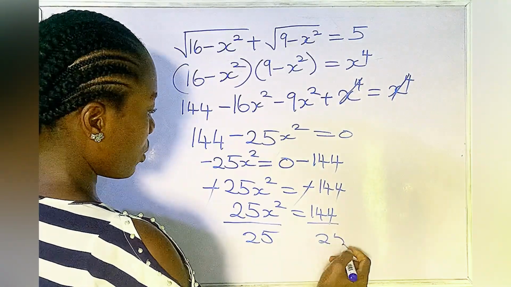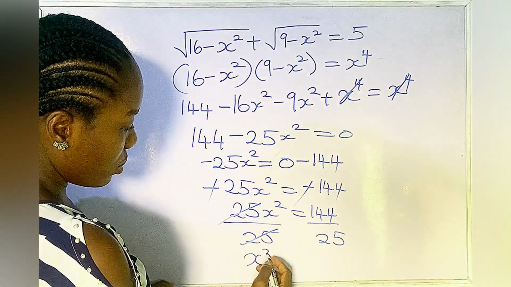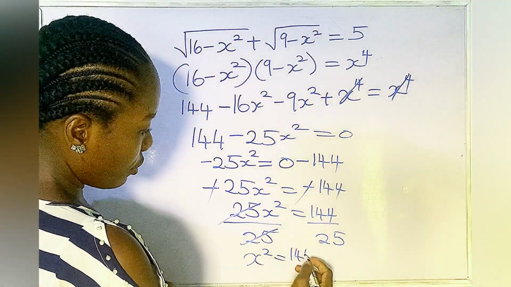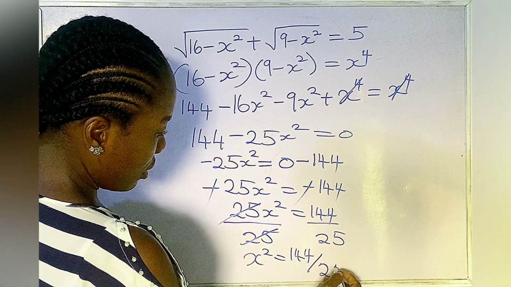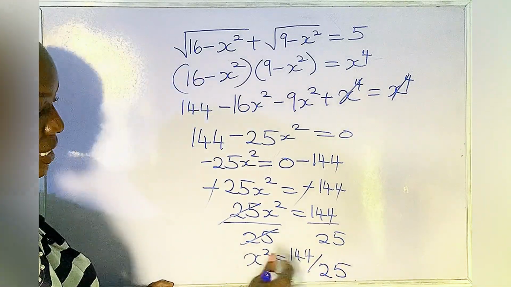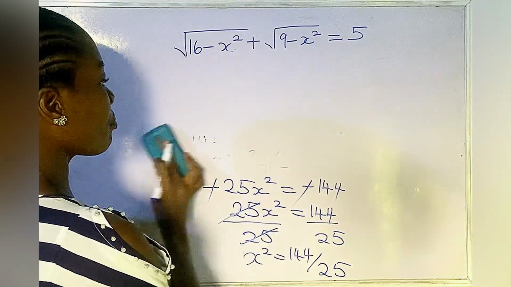So x squared is equal to 144 over 25. Let's take the square root of both sides.